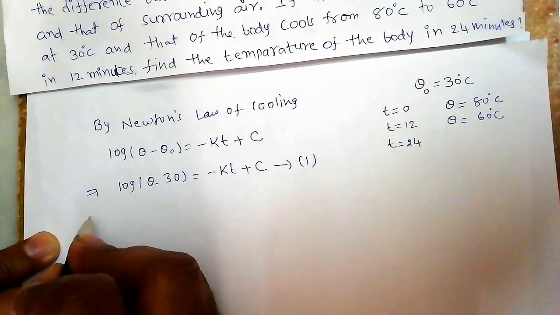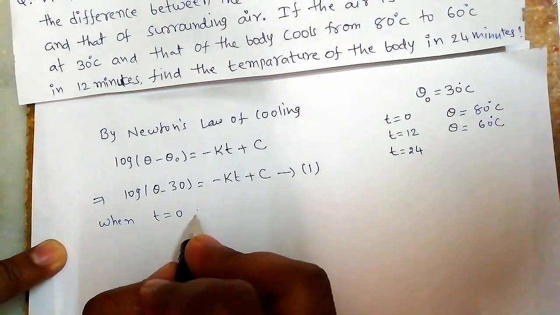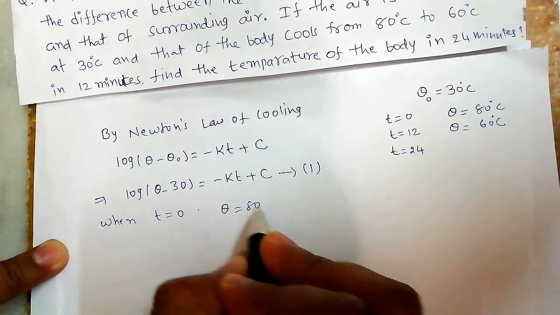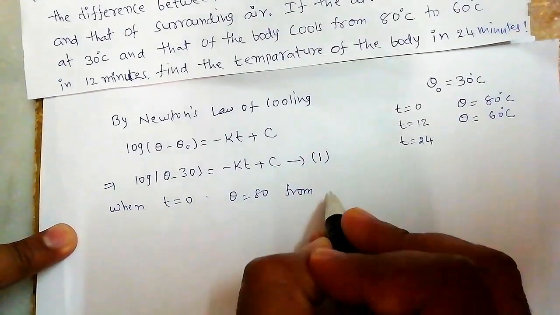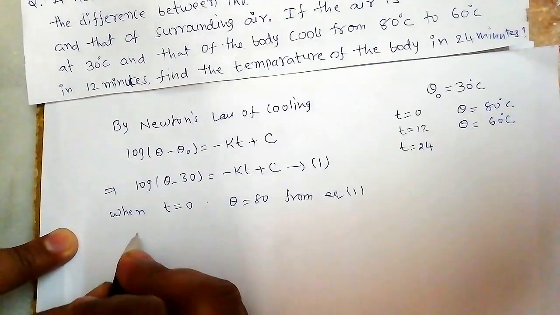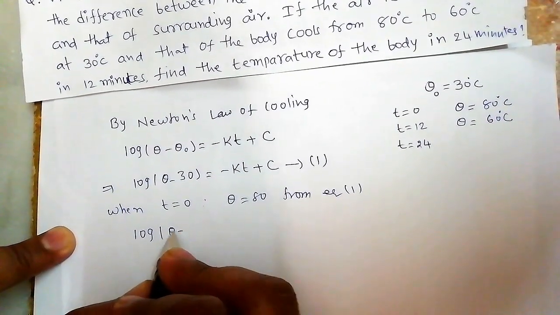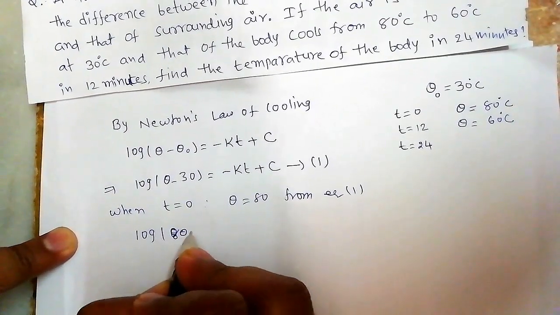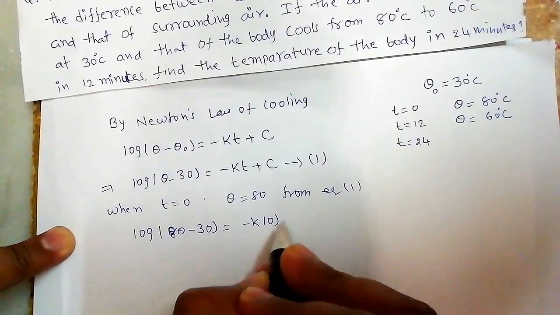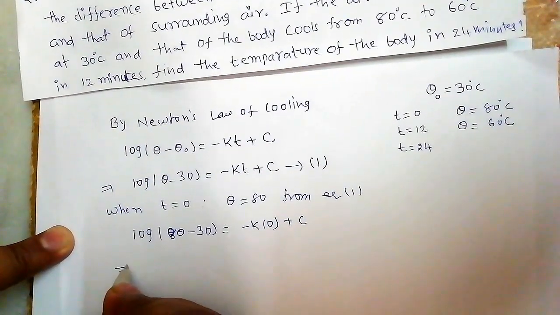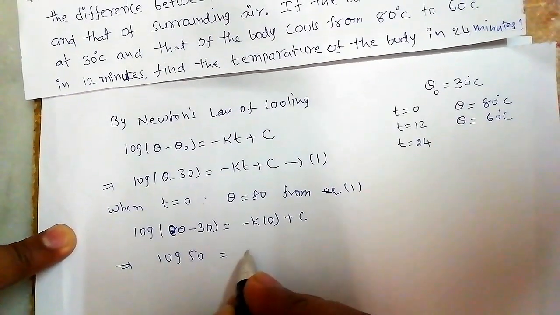So what is the first condition given to me? When t equals 0, theta equals 80 degrees Celsius. That means from equation 1, log of 80 minus 30 equals minus k into 0 plus c, which implies log 50 equals c.